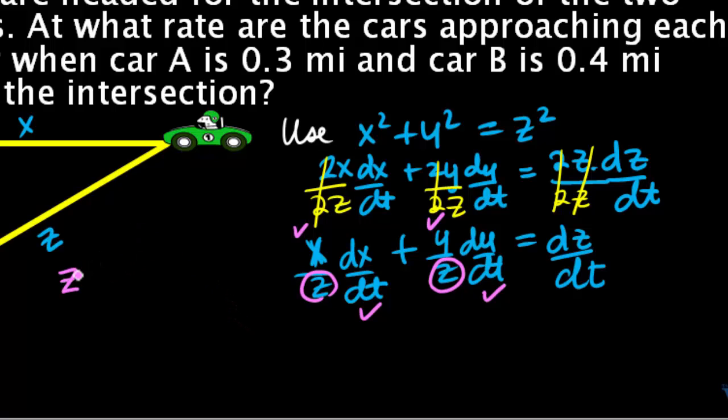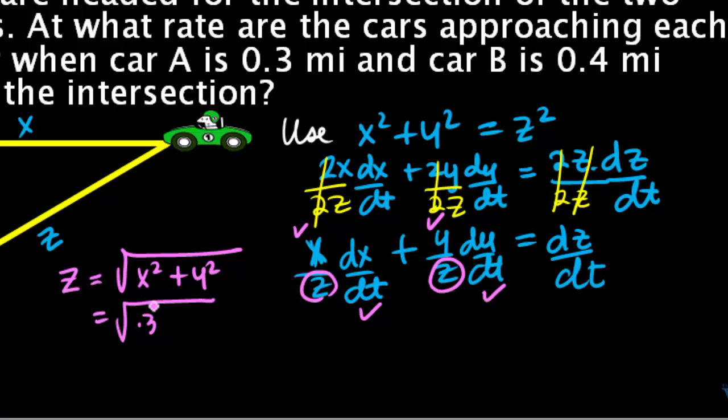So z is equal to the square root of x squared plus y squared, since we're looking for the length of z. That's the square root of 0.3 squared plus 0.4 squared, and when you work that out, that's equal to 0.5.